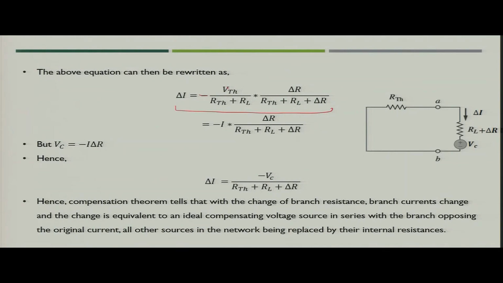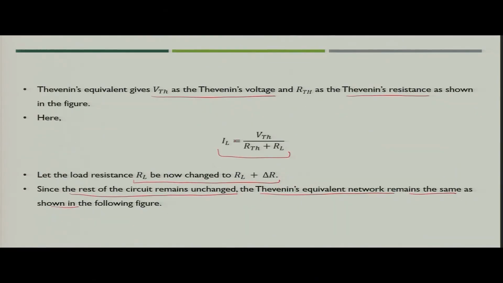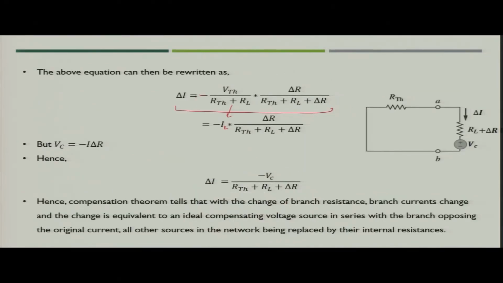So, we have Vth upon Rth plus RL together, and then the rest of the elements like delta R upon Rth plus RL plus delta R. Now, you know that Vth upon Rth plus RL is nothing but the value IL, which we calculated in our original circuit. So, now the left one is delta R into Rth plus RL plus delta R.